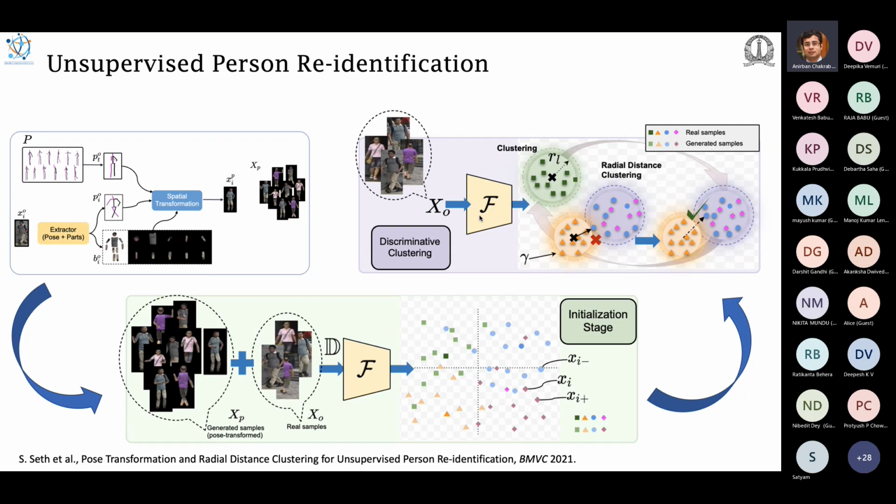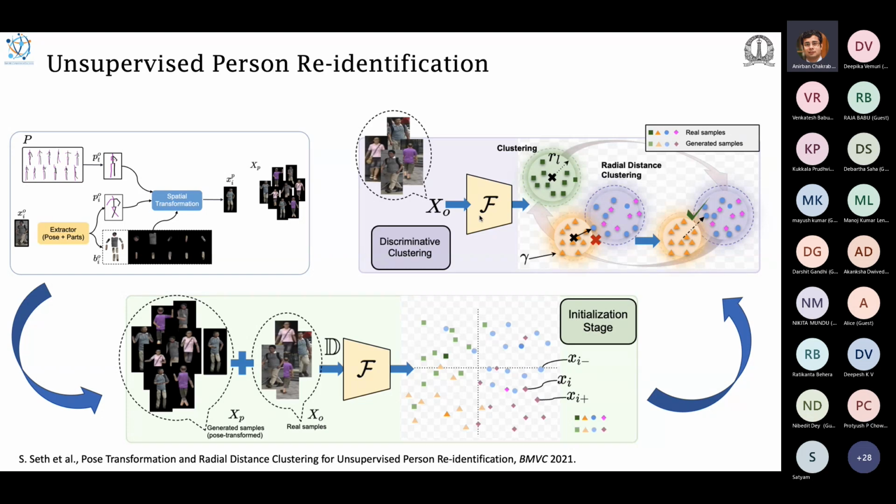So this gives rise to this whole domain of unsupervised person identification, which tries to learn to cluster these targets into different buckets, where each bucket will contain the images of the same identity target.